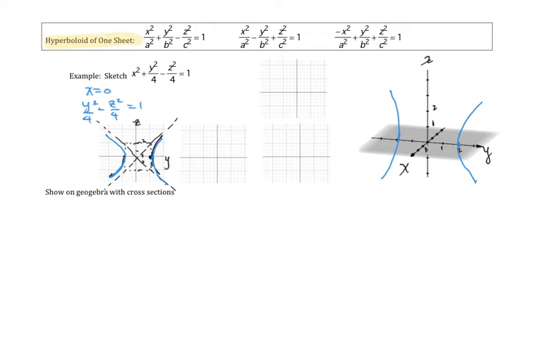Okay. What about if I put in, just to make it easy, let's go ahead and look at y equals 0. If I put in y equals 0 into my equation, in the xz plane, again, it's a hyperbola.